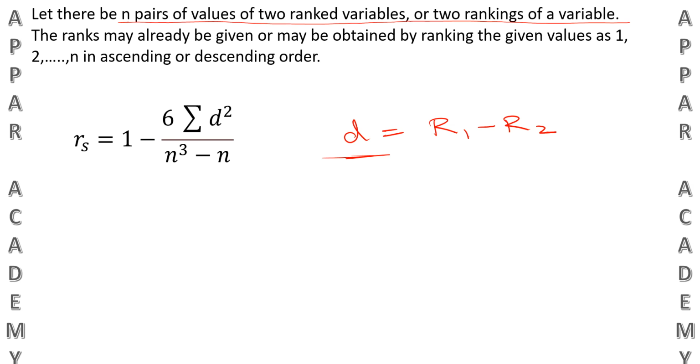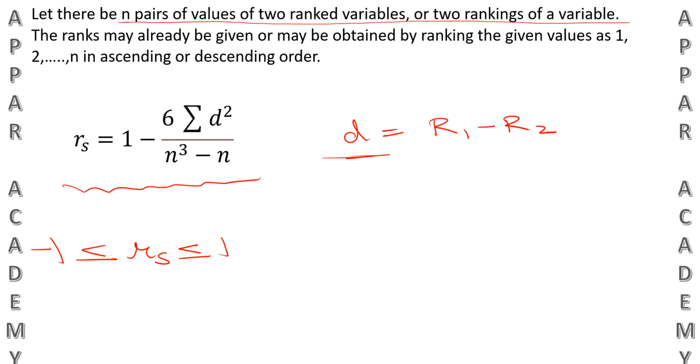Now again, the value of r_s, or Spearman's rank correlation coefficient, will always lie between 1 and minus 1, just like Karl Pearson's correlation coefficient, right? So it's all the same. About why this formula turns up, we will discuss in the next video, but we will see that this is nothing but again Karl Pearson's coefficient of correlation.